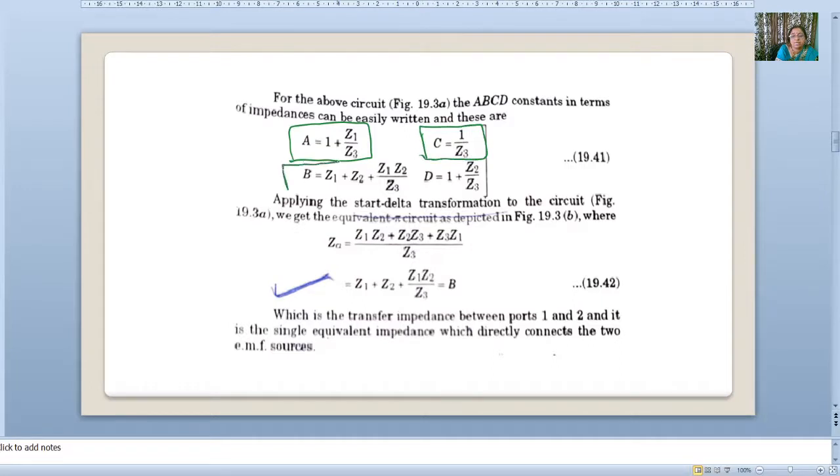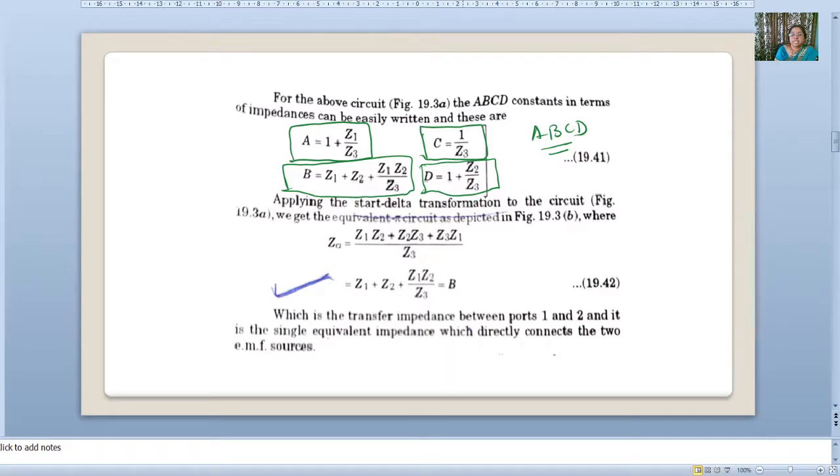B is Z1 plus Z2 plus Z1 into Z2 divided by Z3. D is 1 plus Z2 divided by Z3. These are the ABCD parameters. I will not revise how to find these, as you have already gone through it last year.